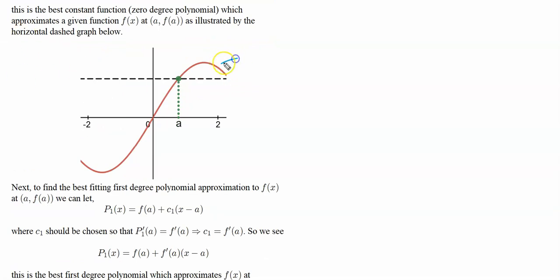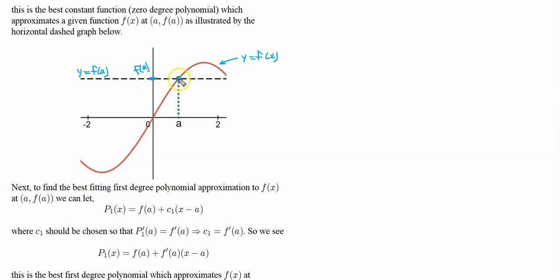You notice that this is our function f of x here. And we want to approximate f of x at that point with the best constant function. Well, this point right here on the y-axis is f of a. And this dashed line right here is the function y equals f of a.